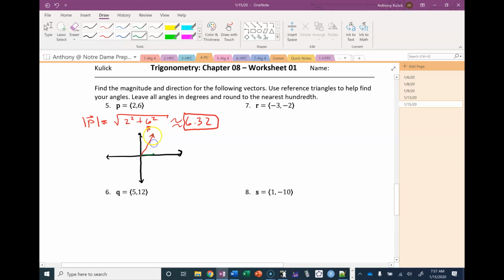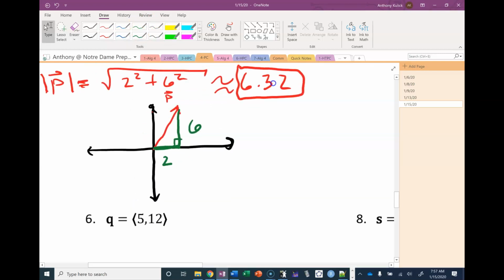When I draw my reference triangle, it always goes to the x-axis. It never goes to the y-axis. Because I went 2 over and then 6 up, the side lengths for this triangle are 2 and 6. What I'm interested in here is this angle that I'm going to call theta.